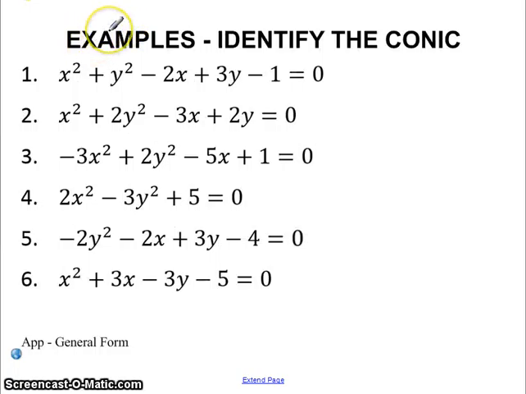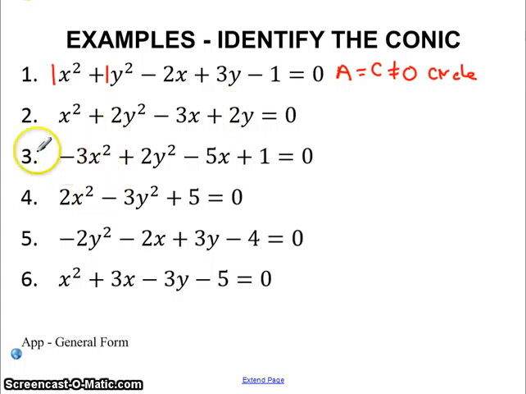So let's take a look at a couple of examples. In example 1 we have x squared and y squared, and we don't have any numbers in front of them, which of course means that actually A is equal to 1 and C is equal to 1. And so in this case we see that A is equal to C. Neither one of them is equal to 0, and so this is a circle.